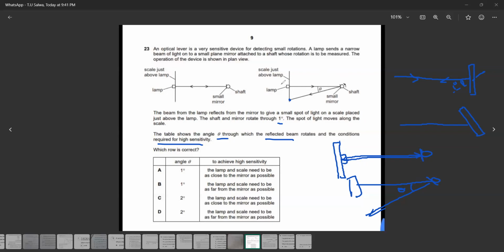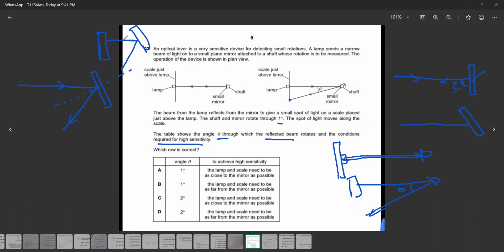Theta is the total angle between the incident and the reflected ray. So if the shaft rotates 1 degree, how much will theta be? If I just rotate this shaft 1 degree, what will happen to theta?